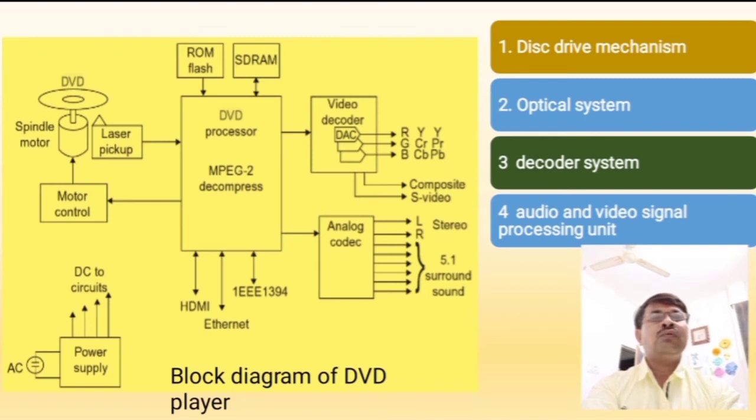The video signal contains red, green, blue, that is luminance and chrominance signals, and composite signal contains audio. Composite video signal contains only picture information.